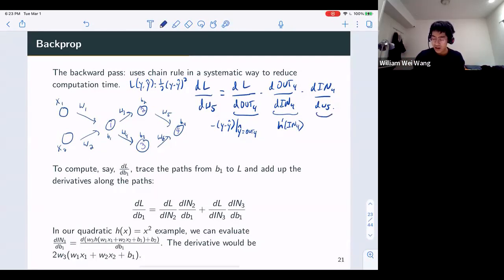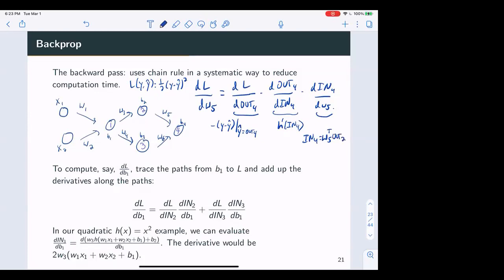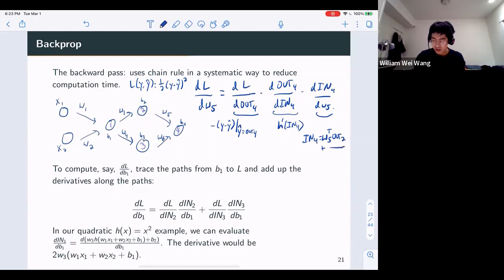And then for this last term, since input 4 is equal to W5 transpose times output 2, plus some other stuff that doesn't depend on W5, dIn4 over dW5 is just going to equal output 2, because it's a linear thing.